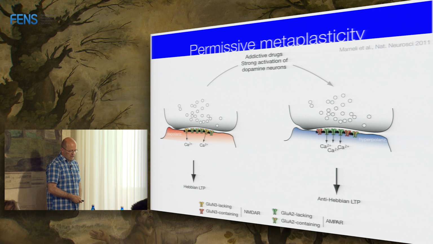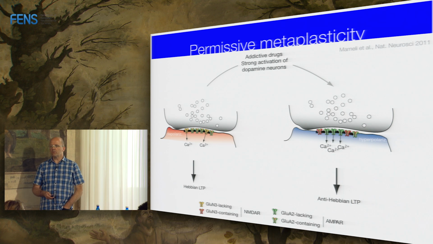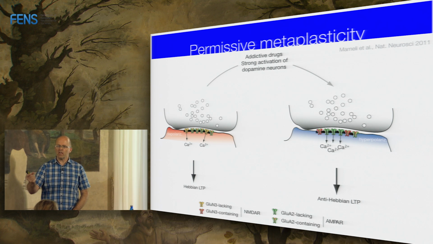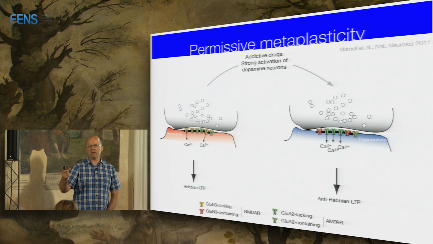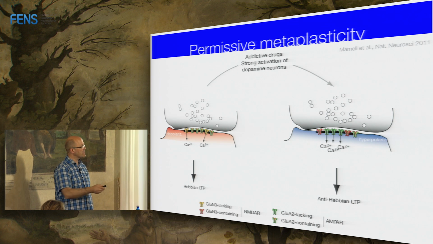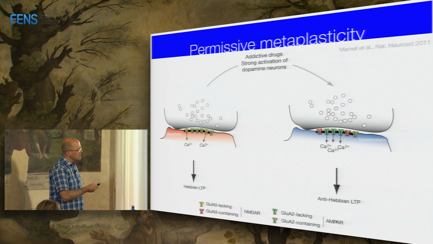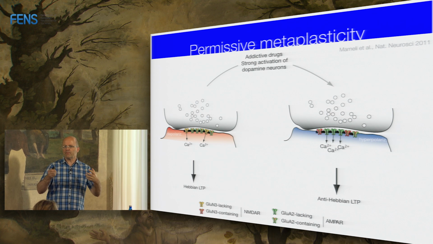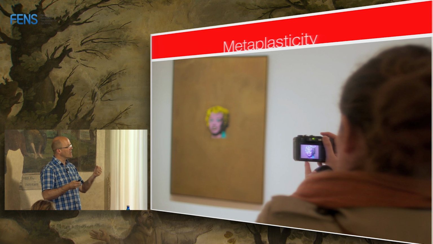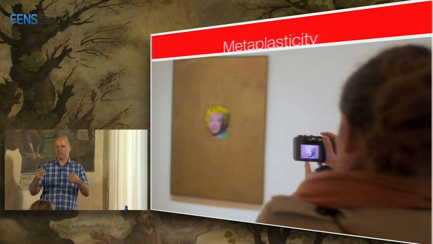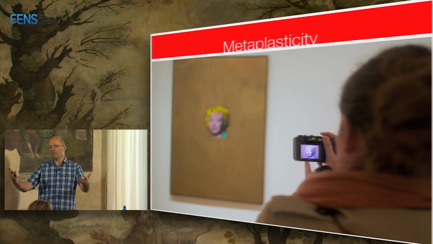This is summarized here: these initial changes are not necessarily something that immediately drives the way the system changes, but it is a metaplasticity, right? It's a plasticity that allows for new forms of plasticity.